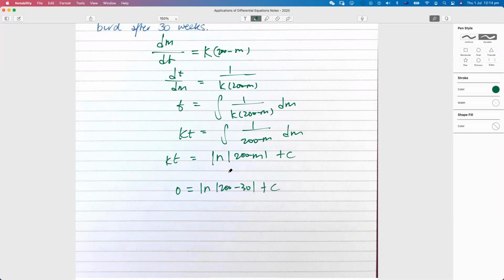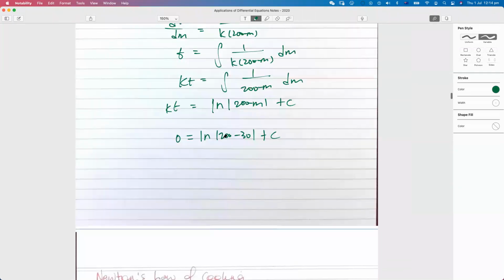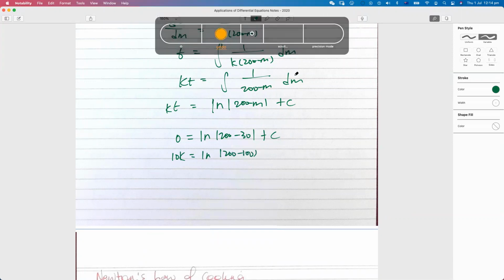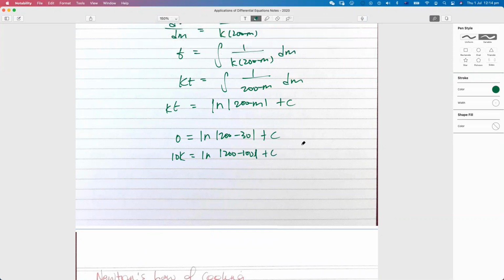The second piece of information is after 10 weeks, the mass is 100. So 10k is equal to ln(200 minus 100) plus c. That's a simultaneous equation, and your k is going to be ln(170/100) over 10, and your c you get by moving this to the other side.